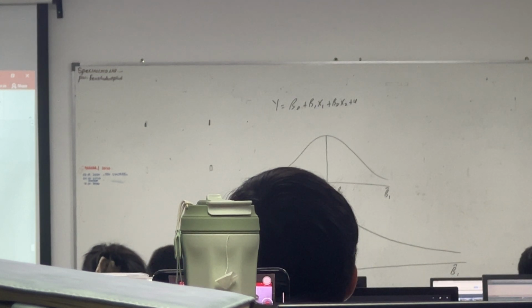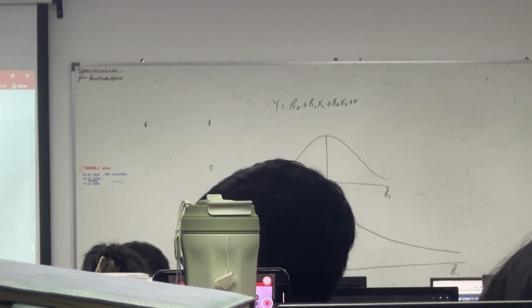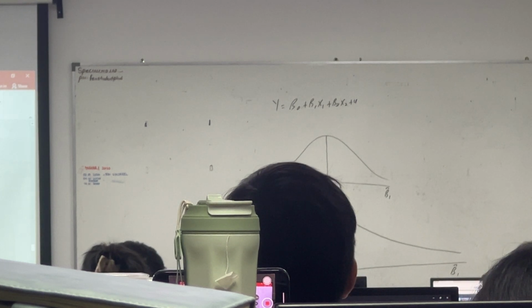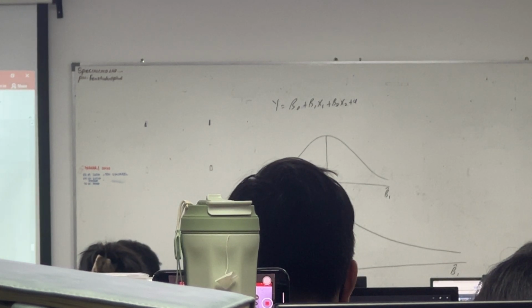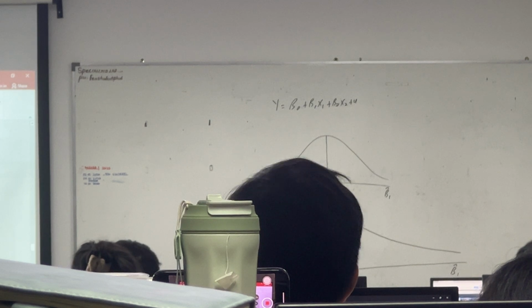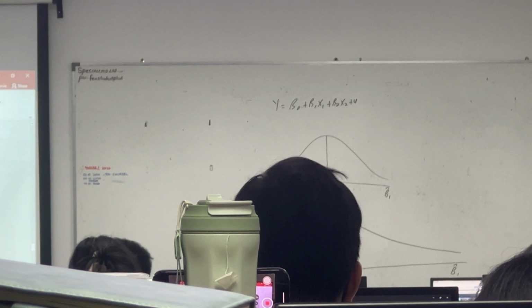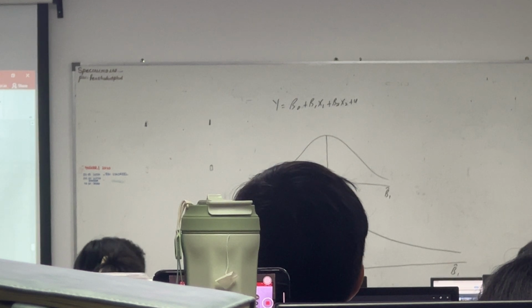This one, the t. So when the presence of multi-causality makes the standard error larger, the t statistic is going to be smaller, because we divide by a larger value.